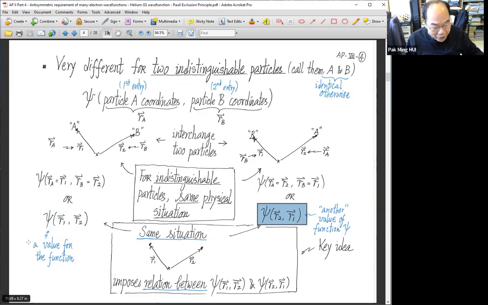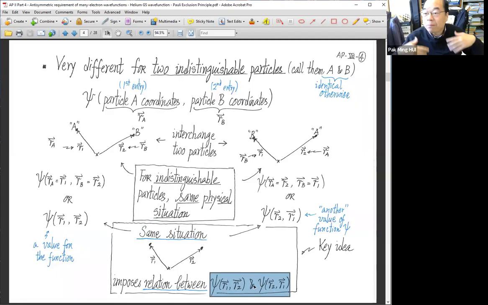We have one value here and another value here. We look at the 2 situations. They are the same physical situation, right? Thereby, because they are indistinguishable, there must be some relation between this value and that value. And that is related to the symmetry property of 2 particle wave functions.